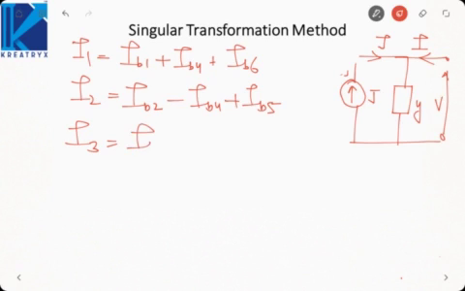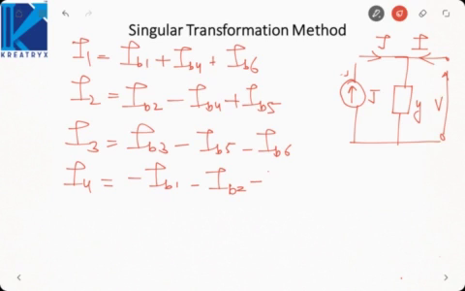So IB3 minus IB5, minus IB6. And what is I4? The bus current at 4, all the branches were incoming: minus IB1 minus IB2 minus IB3.